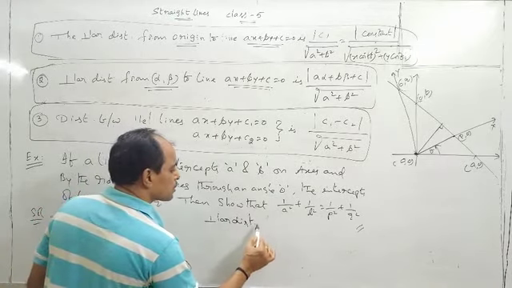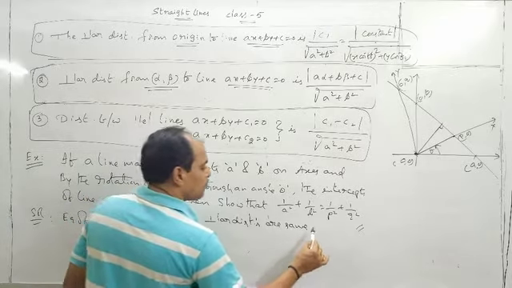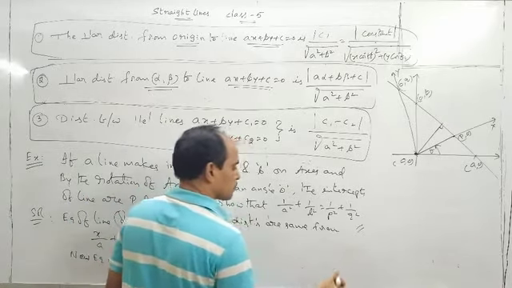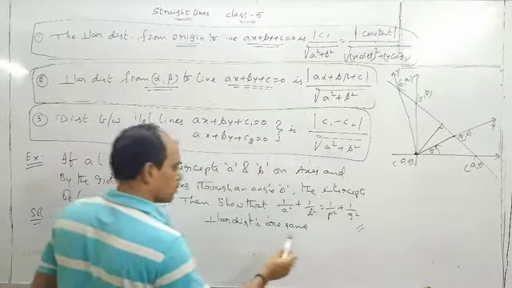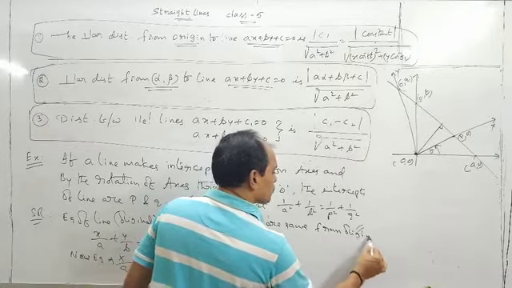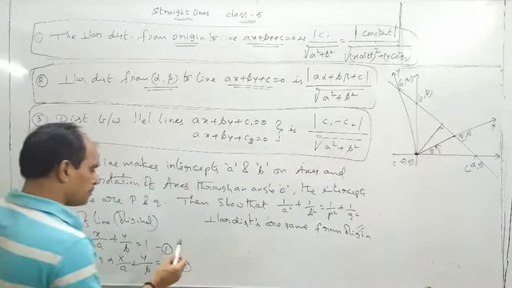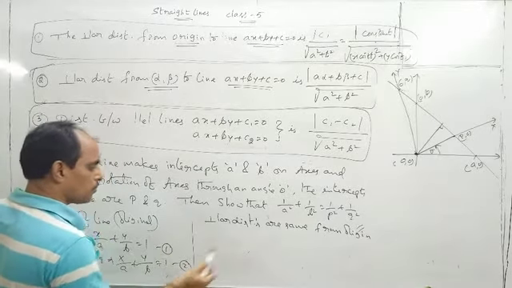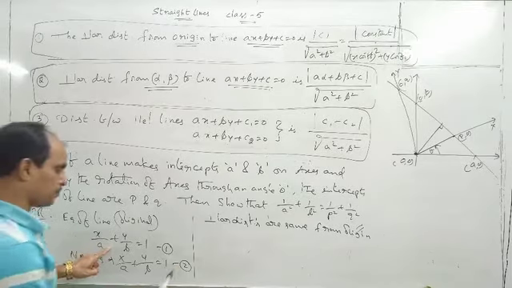Perpendicular distances are the same from the origin. Then what about the perpendicular distance from the origin to the first line?